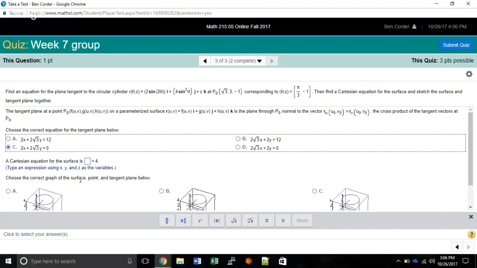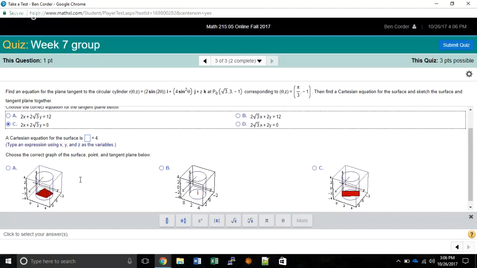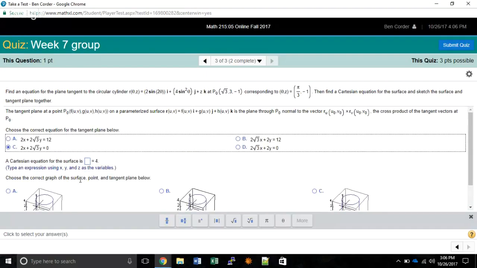So we just need to figure out what is with them. Equal to 4.